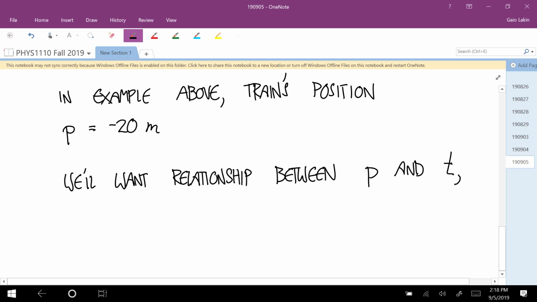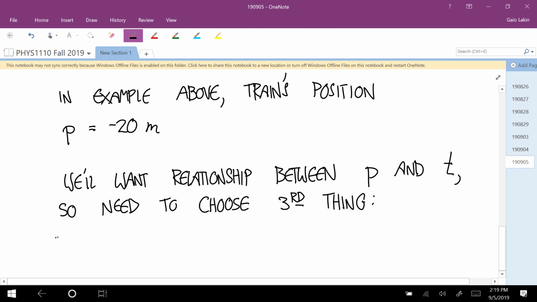And that means that you have to choose a third thing, and that is you have to choose a 0 time. That's a physical instant when you're going to say time is equal to 0. Basically, the easiest way to think of it is you have to choose the instant that you click on your stopwatch. And then everything that follows that has a time associated with it, and the thing that you're tracking is at a given position at that instant.